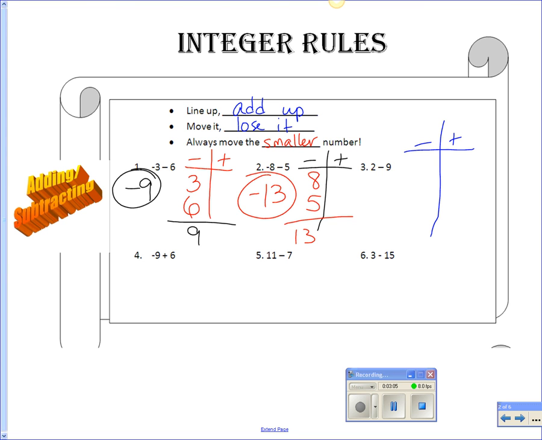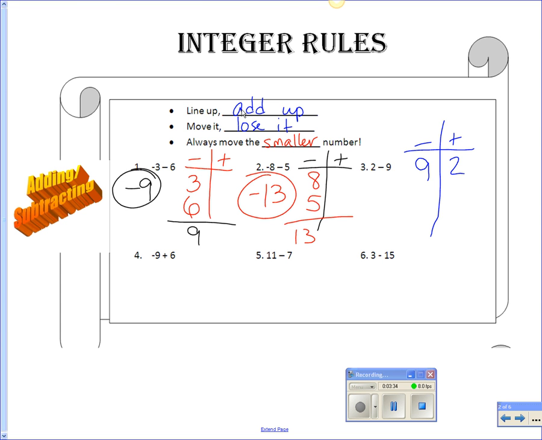All right, let's try number 3, a negative, positive chart for that one. All right, do we think 2 is positive or negative? 2 is positive. You look in front. 2 is just positive, so 2 goes on the positive side. Minus 9 is the same thing as having a negative 9, so 9 goes on the negative side. Don't put a sign with it, just on the negative side.